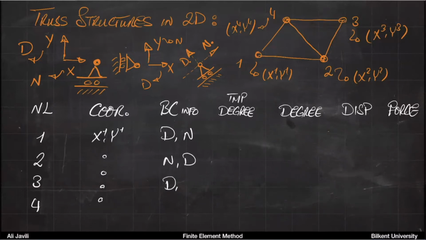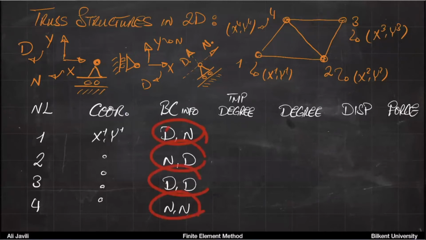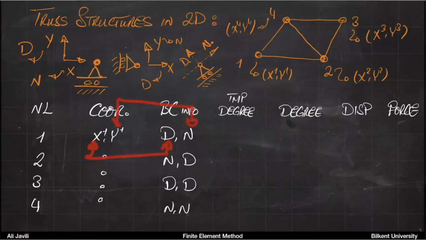And as I said, they can be different things. I'm not drawing this particularly for this system or anything. I'm just saying that you can have any of these. You can have Dirichlet in x direction. So this means Dirichlet in x direction, Neumann in y direction for node 1. This means for node 2, we have Neumann in x direction, Dirichlet in y direction.